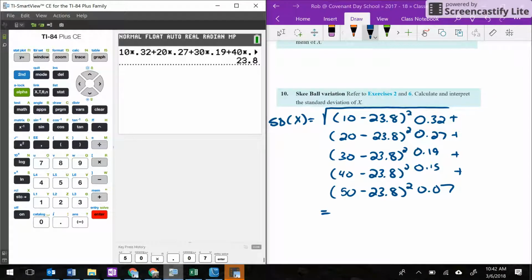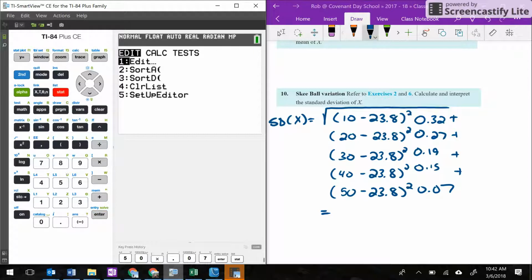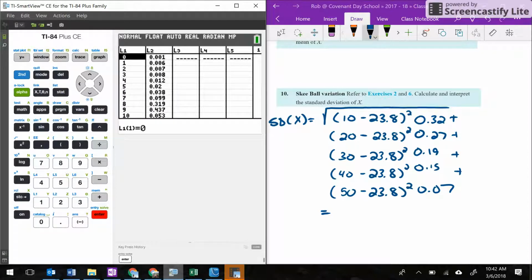Now, I think I'd like a shortcut to do this problem, because I can type all that in if I want to. I can use my calculator to find it. In L1, I'm going to put the actual skee ball scores.